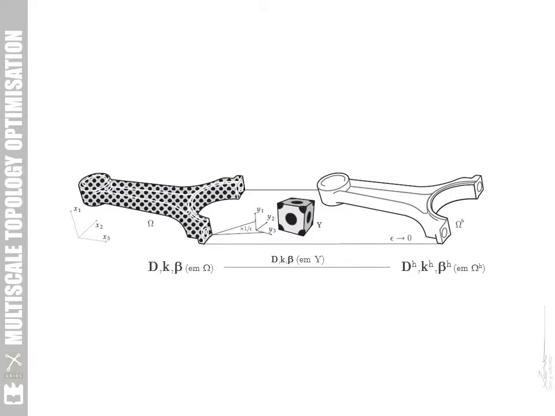If we add to this some kind of control over the material itself, we can connect a homogenization procedure, and we get to a point where we can act not only upon the structure, but also upon the material that is used to build the structure.